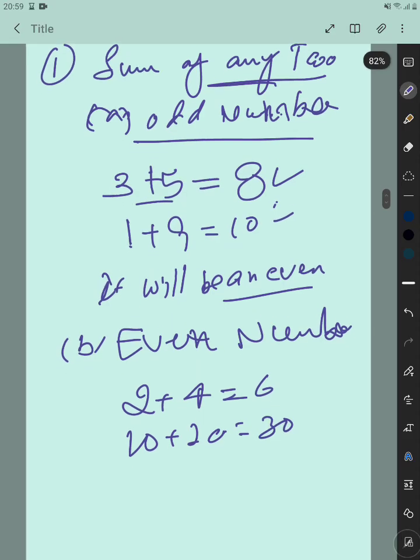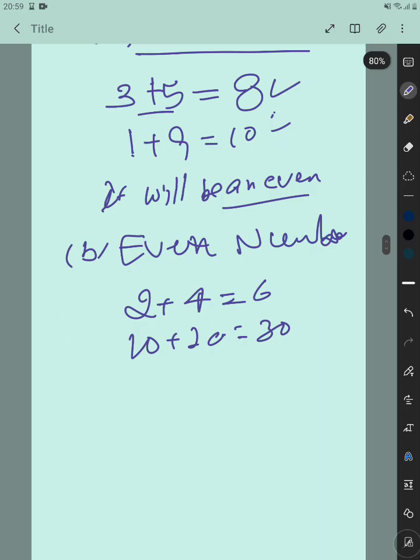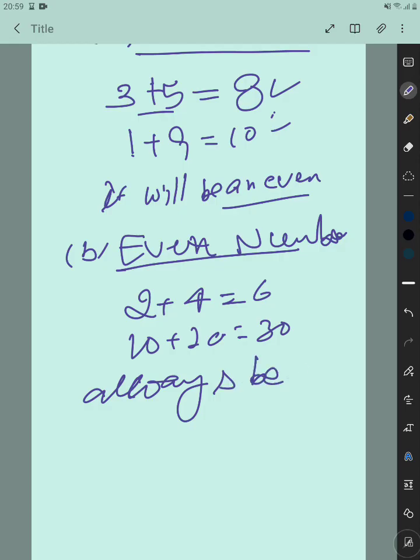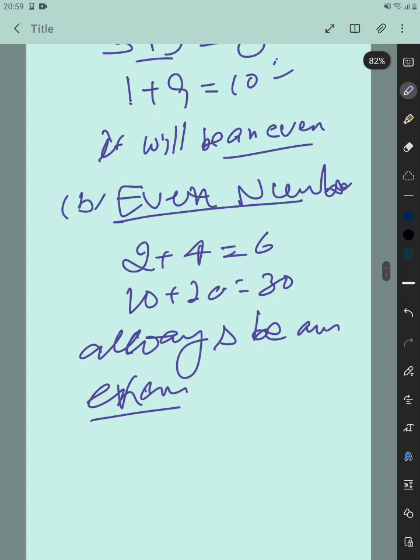So the sum of any two even numbers will always be an even number. So what you have seen is that the sum of two odd numbers is an even number and the sum of two even numbers is also an even number.